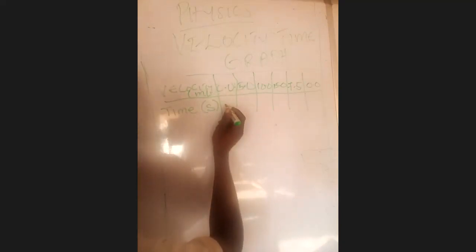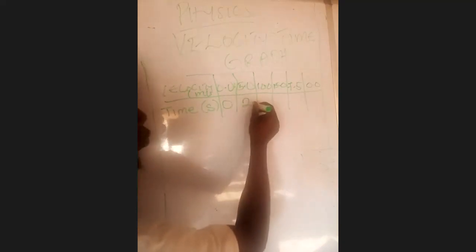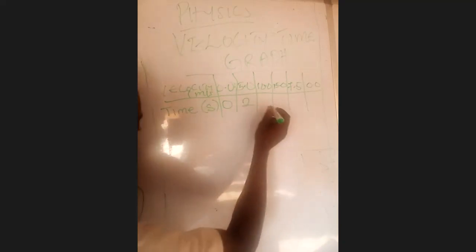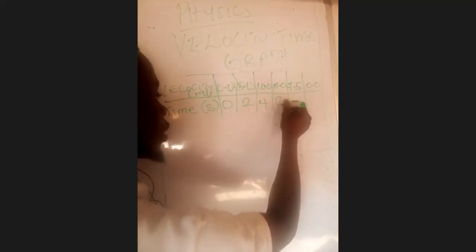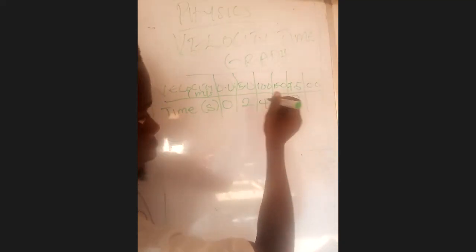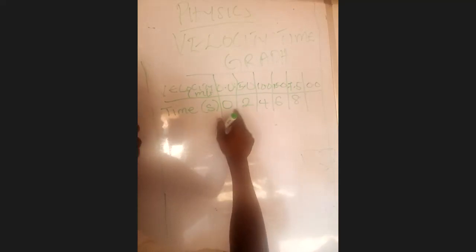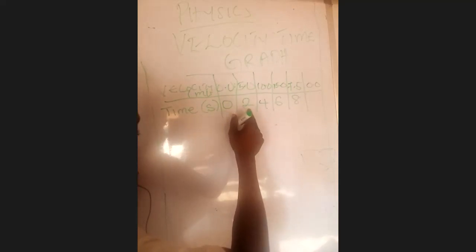At rest, before the body starts the journey, the time is 0. Now we have 2, 4, 6, 8, and 12.